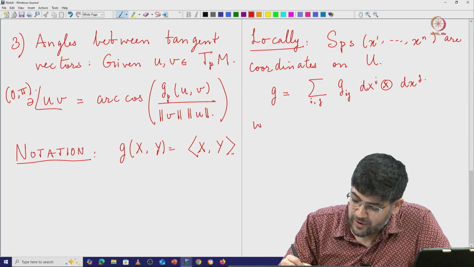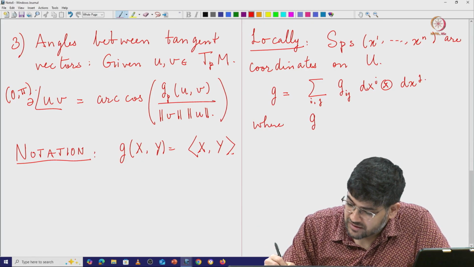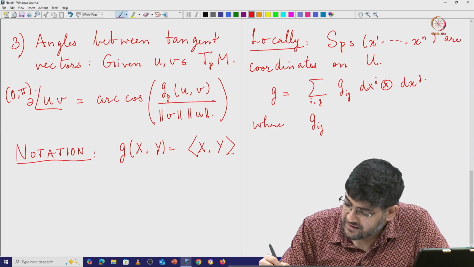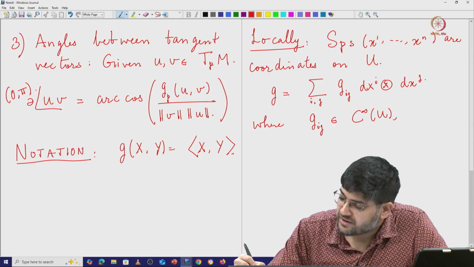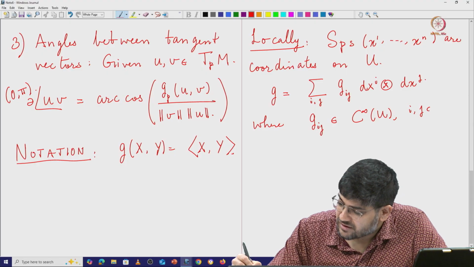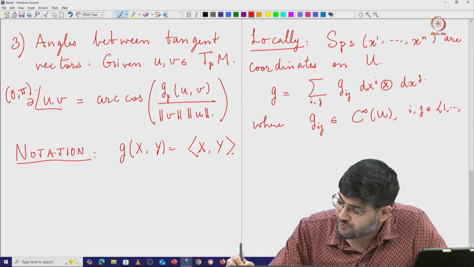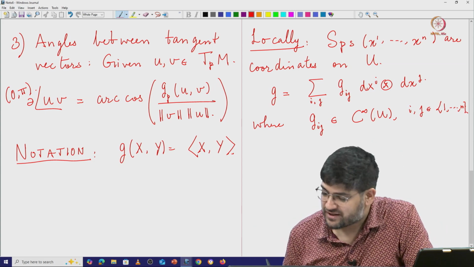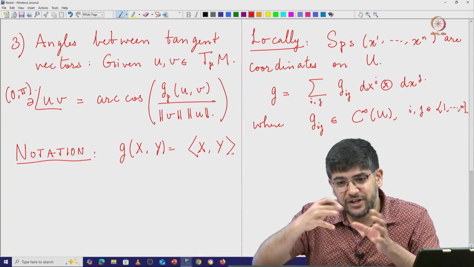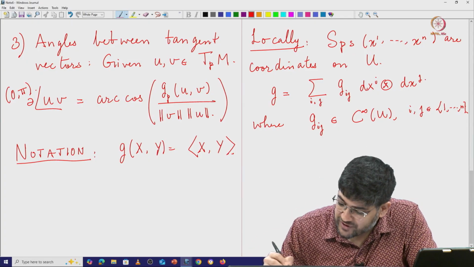Okay, where g_ij is a smooth function on this open set for each of these indices i and j, right? So the collection of all these g_ij's, I can think of it as a matrix.